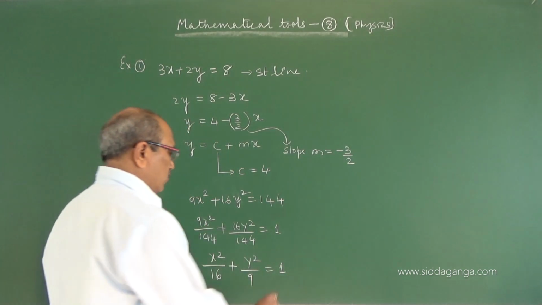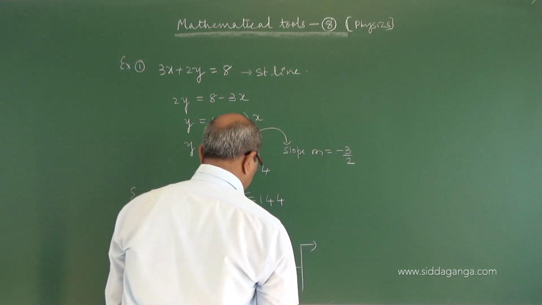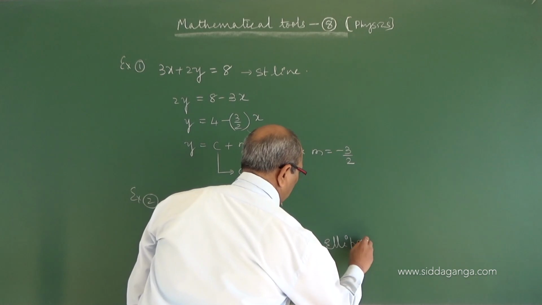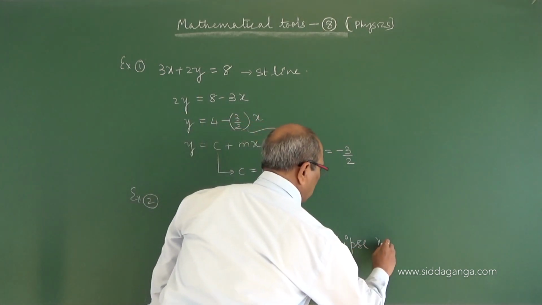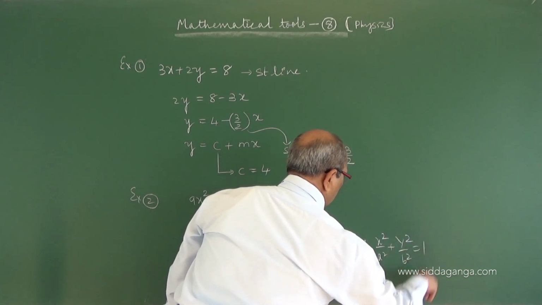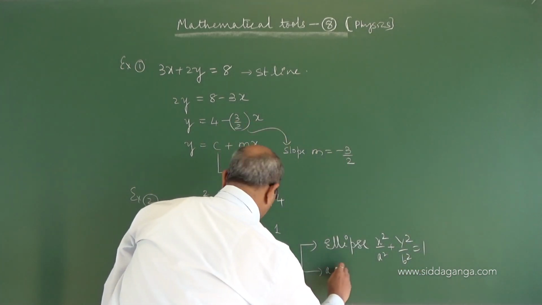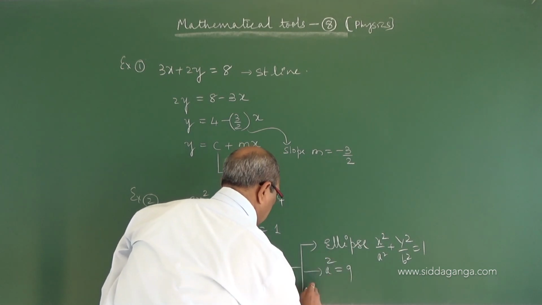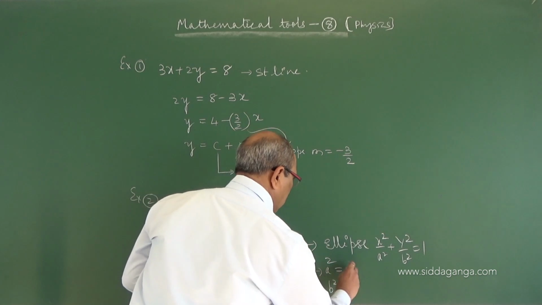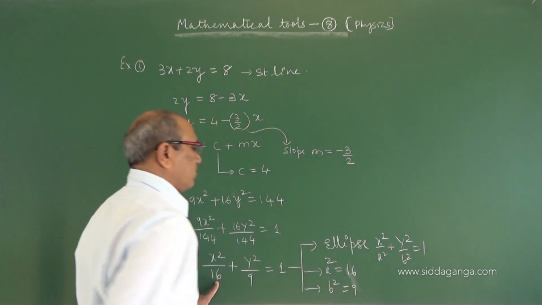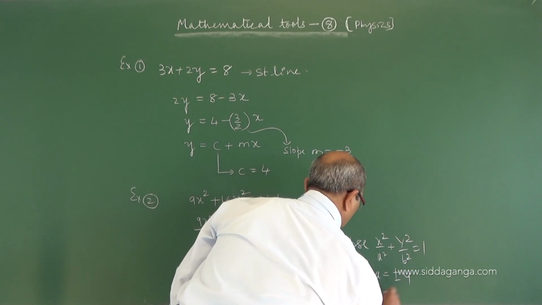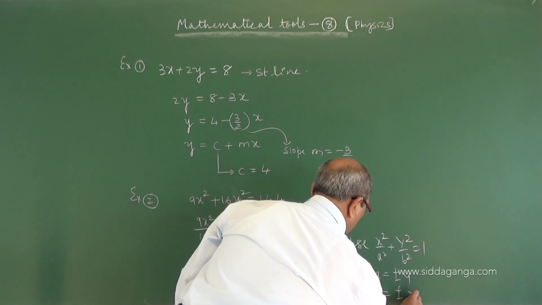On seeing this, you come to know the locus of this equation is an ellipse, because it is of the form x square by a square plus y square by b square equal to 1, where a square is 16 and b square is 9, which makes a equal to plus or minus 4 and b equal to plus or minus 3.